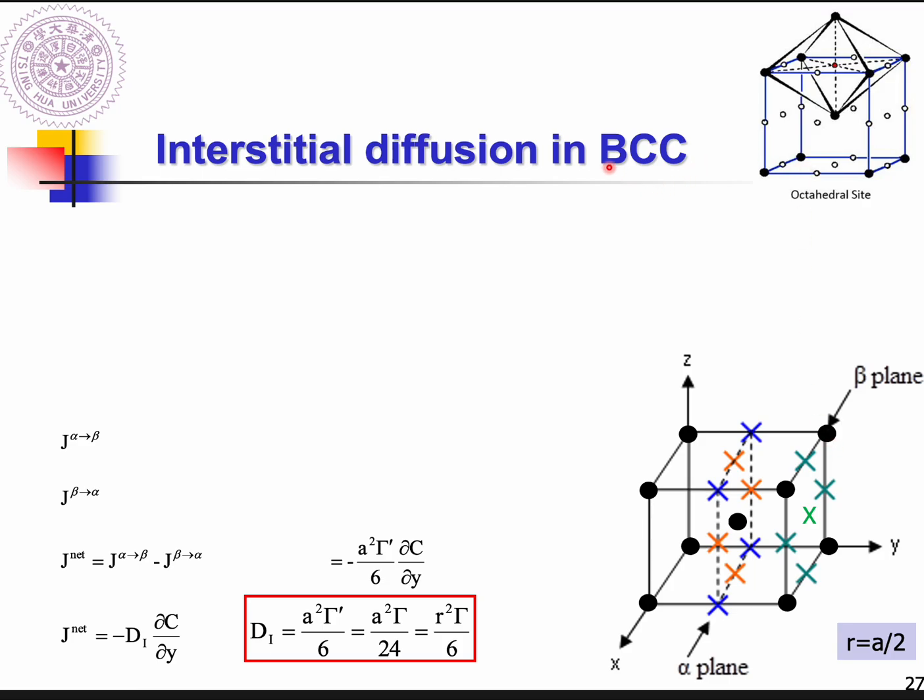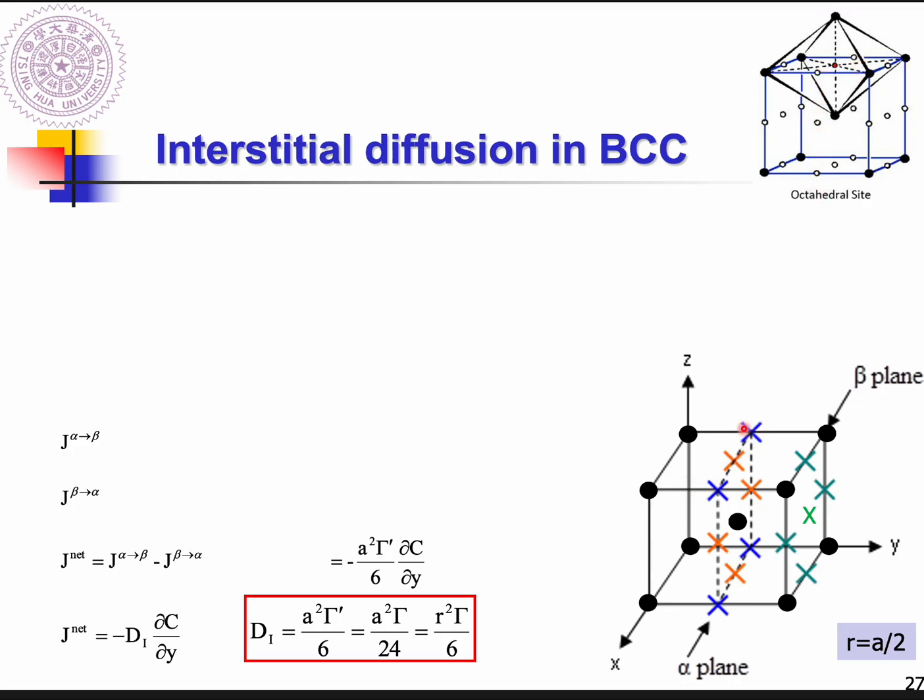Our material now is a BCC structure, so I use the blackboard to identify the unit cell of BCC. We have atoms at the corners and one at the center. Because this is interstitial diffusion through octahedral interstitial sites, I use this cross symbol to represent the octahedral interstitial site. The alpha plane is here.